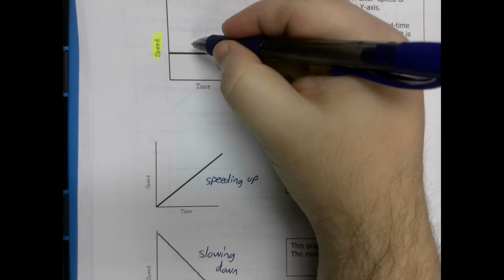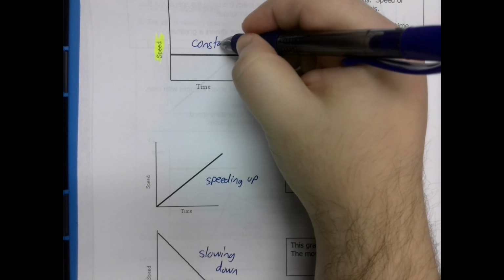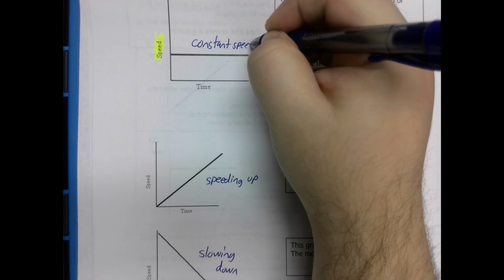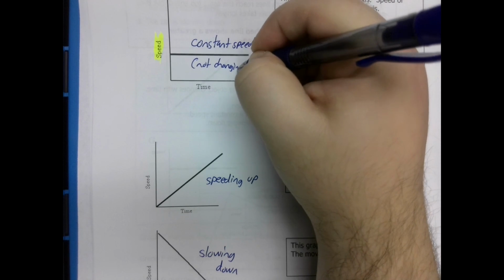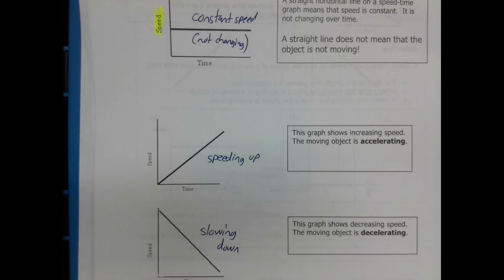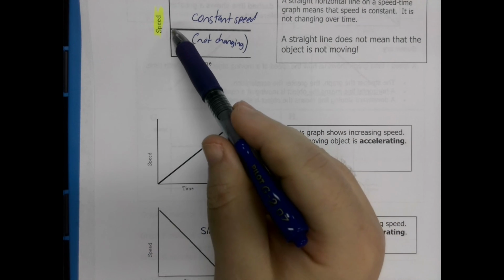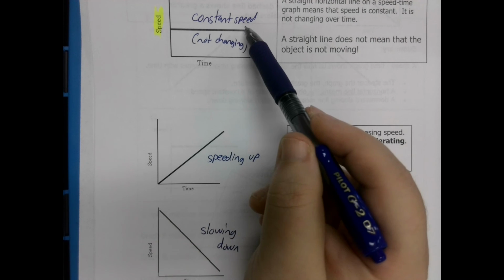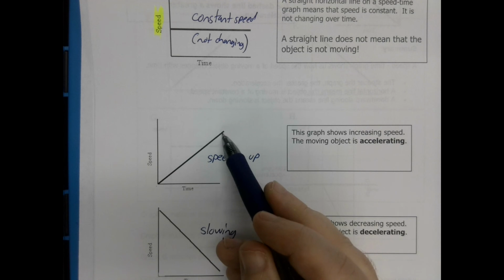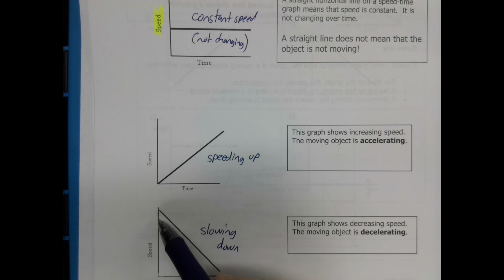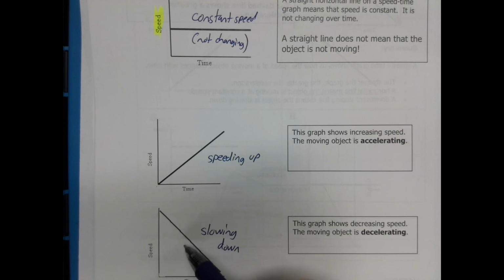And again, this means constant speed, not changing. So this one you can be moving constantly at 55 miles an hour. This one you can start at 0 miles per hour and increase until like 100. This would be an example of you slamming on the brakes.